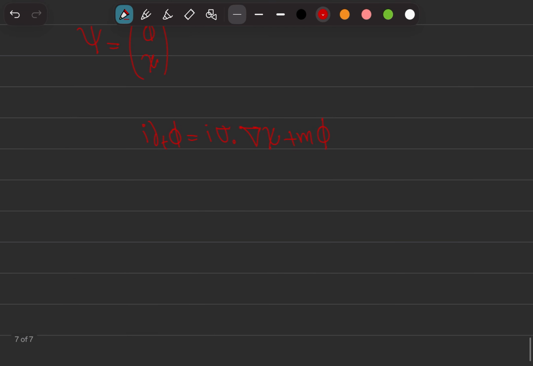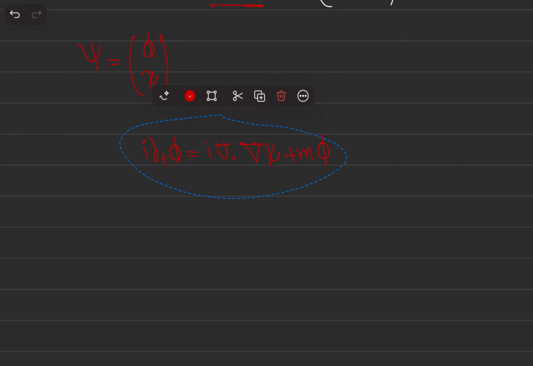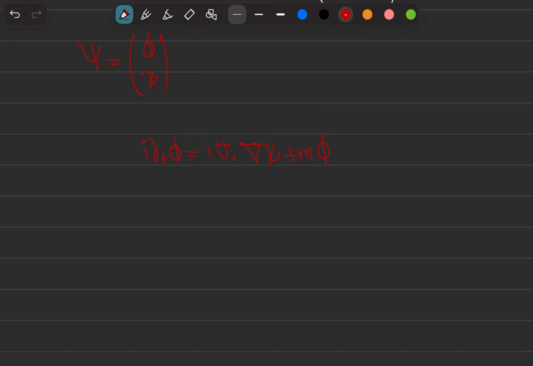So as you can see, chi and phi are coupled. Let me just go ahead and write down the other again. i ∂_t chi is equal to minus i sigma dot the gradient of phi minus m chi. So you can write the Dirac equation as two coupled differential equations, and it's called the coupled two-component form.